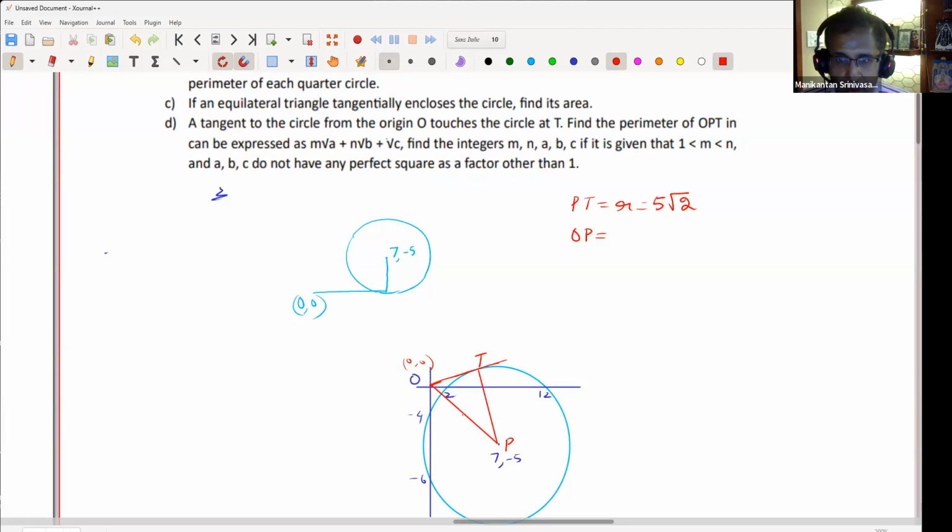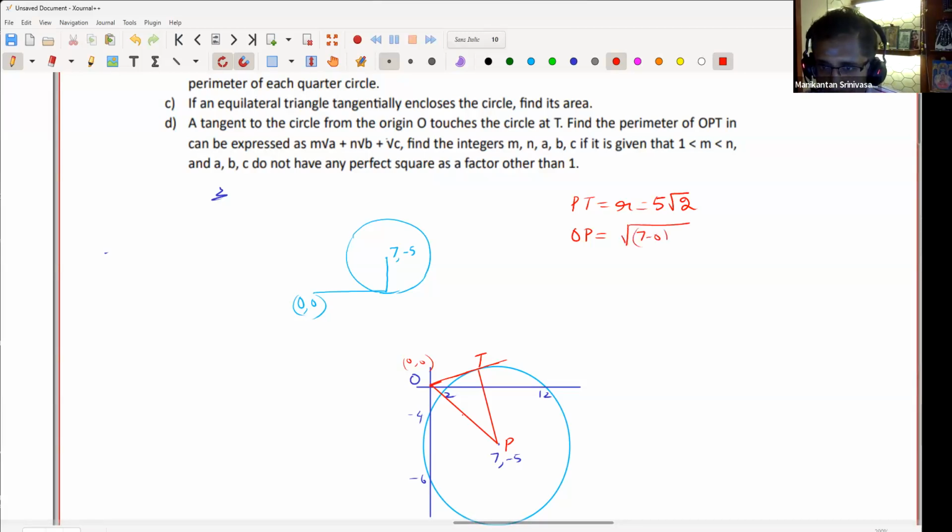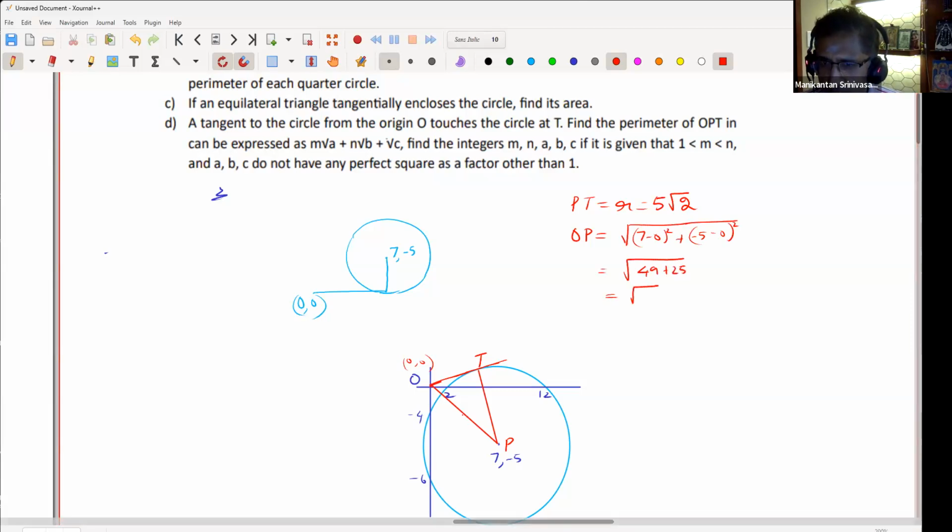OP is how much? So square root of 7 minus 0 square plus minus 5 minus 0 square, right? I'm just being explicit. O is just the origin. So it's 7 square plus 5 square essentially. So square root of 49 plus 25, which is square root of 74.